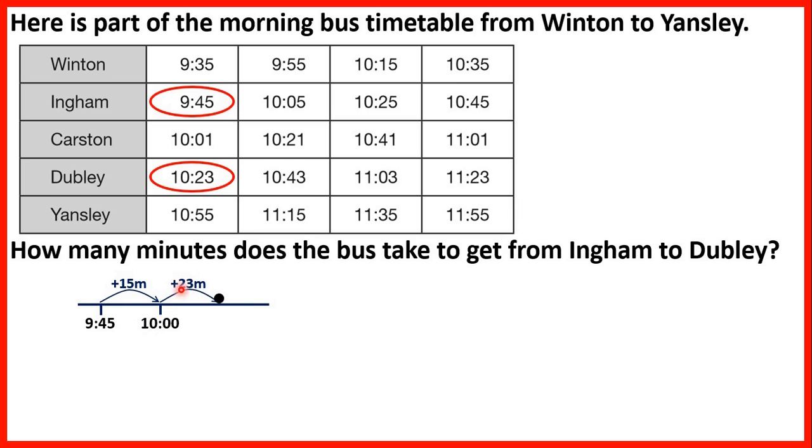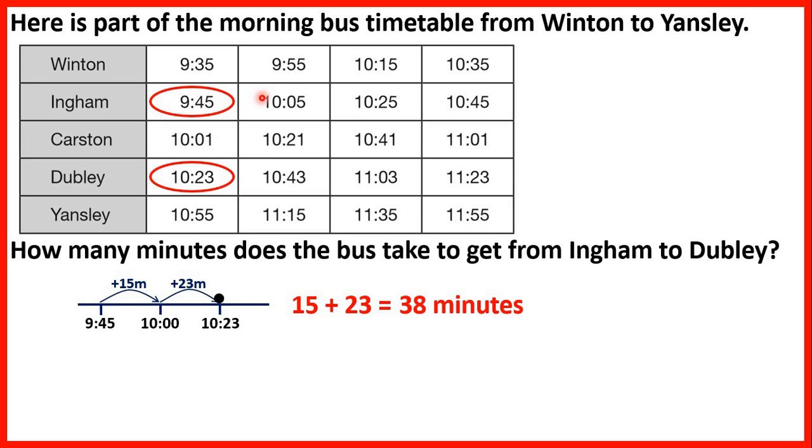Then, if we add on another 23 minutes, that takes us to 10:23, so takes us to the time it reaches Dudley. So altogether, the bus has travelled for 15 minutes and then another 23 minutes. So if we work out 15 plus 23, that tells us that it takes 38 minutes altogether to get from Ingham to Dudley.